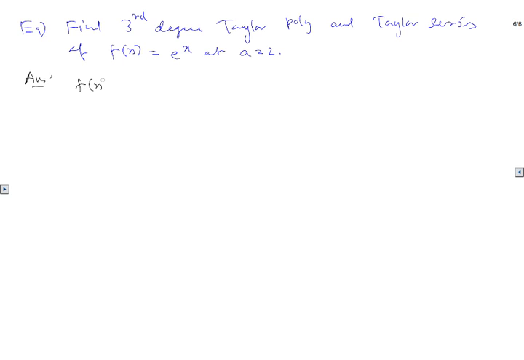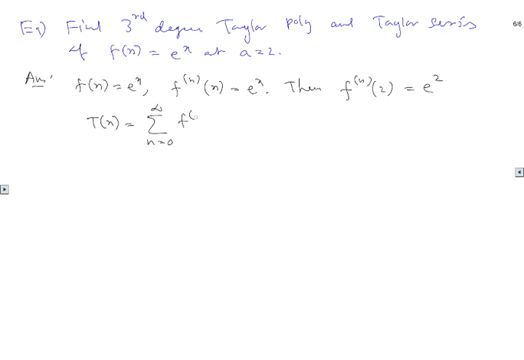We know that f(x) equals e to the x, so all the derivatives are e to the x. If you evaluate this at 2, it is e squared. Then we can write the Taylor series as the sum from n equals 0 to infinity of f^(n)(2) over n factorial times (x minus 2) to the n.